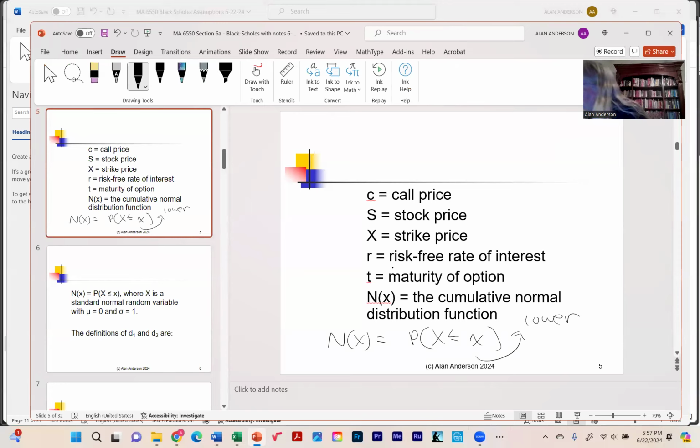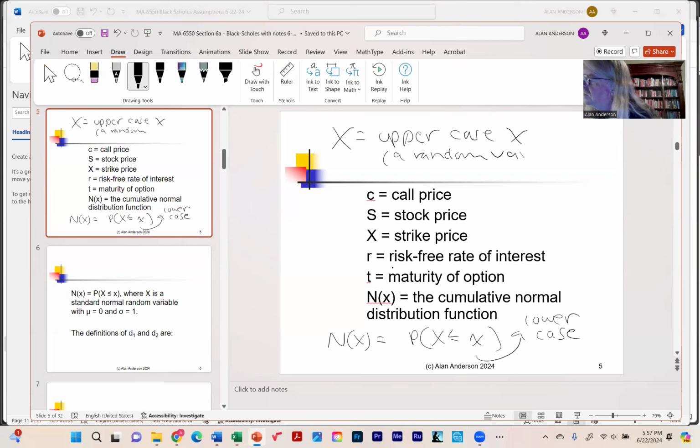This is, by the way, how I draw lowercase x's. It's sometimes very difficult to make a distinction, so I just try to make it a little fancier.